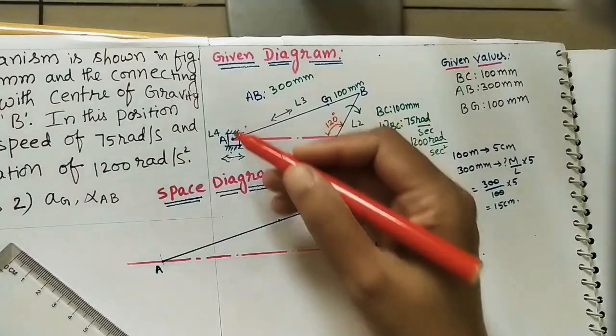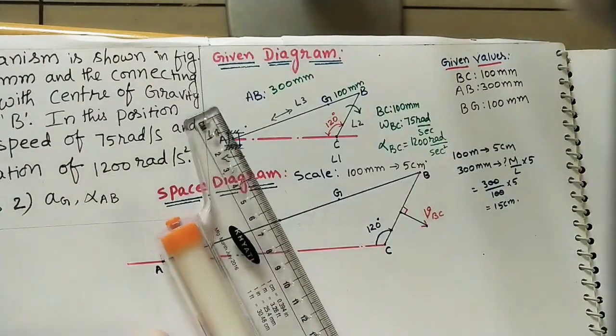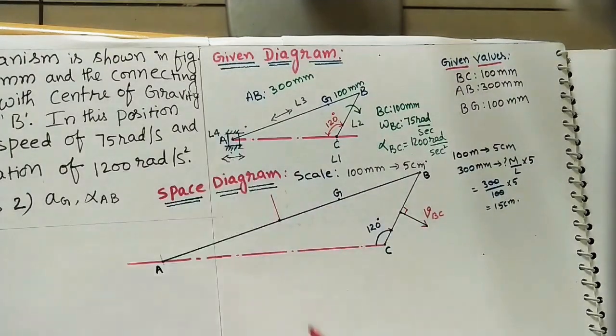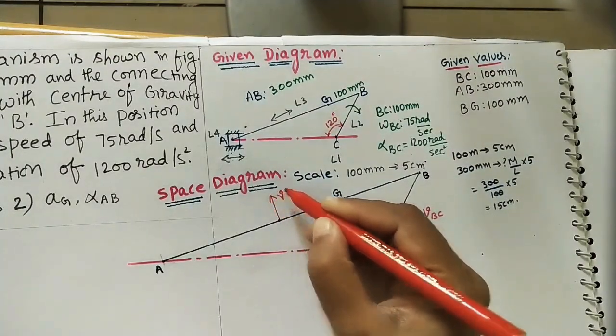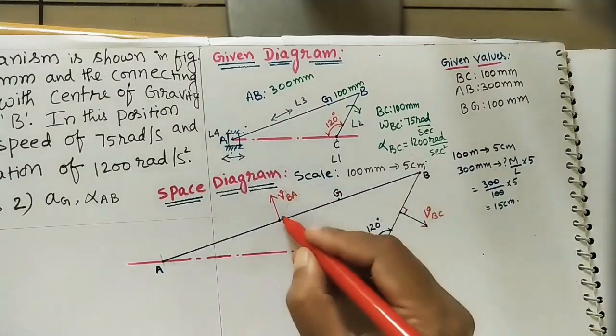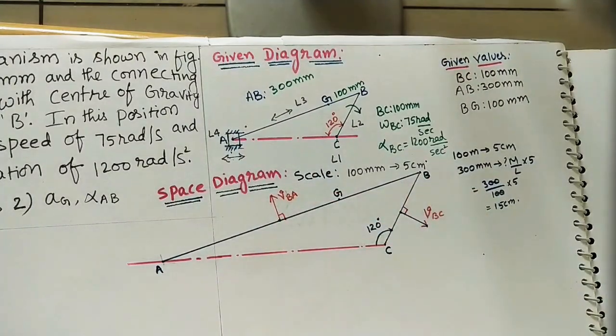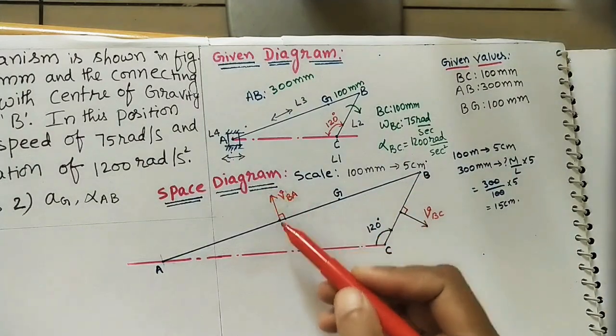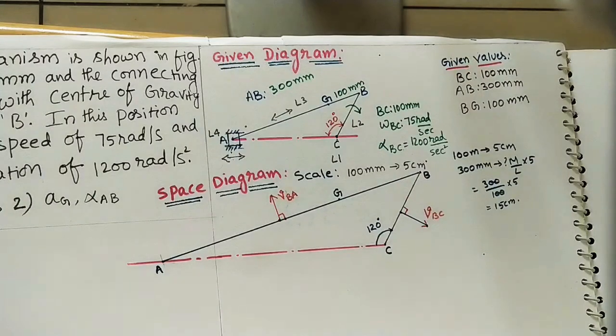Join this point to this point. So this is giving the direction of velocity of AB link or BA link. So this is 90 degrees to this. Here we can take any point, okay, but this direction is perpendicular to this link. Okay, these are the directions of velocities.